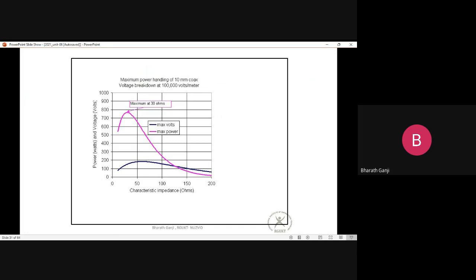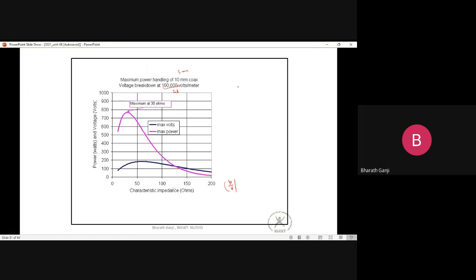So here is a plot for the maximum power handling capability and the maximum voltage also. You can see for different values of B by A ratio, or for different values of Z naught, if you assume it is air filled, and if you assume that this is the breakdown E value, for the same 5 mm coaxial cable, you can see the maximum power handling you can get for different values of B by A ratio.